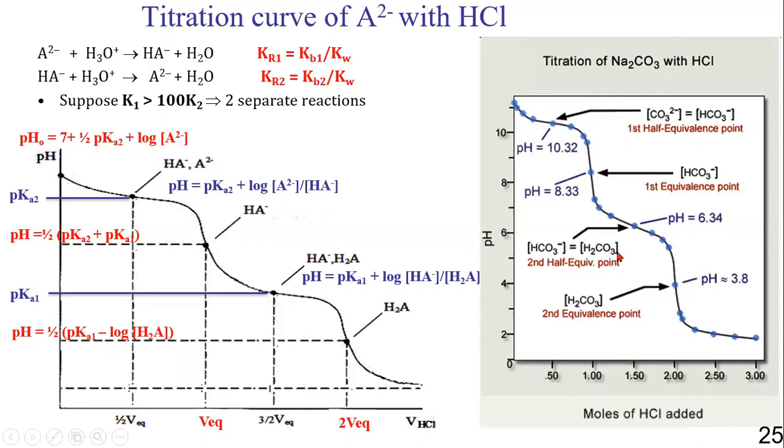Yes, indeed, at the second half equivalence, which is pKa1, which is 6.34. Also, this is a very easy one to put in, the hydrogen carbonate, because that's an amphoteric substance, and the pH is simply half pKa1 plus pKa2, or pKa2 plus pKa1. So that's easy to calculate.